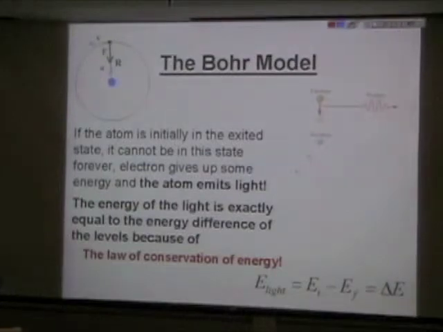So, if the electron absorbs some energy, the photon loses some energy. That's what we call absorption. If the electron loses some energy, in that case, a photon is created in that process, and that photon must have only specific values for energies.